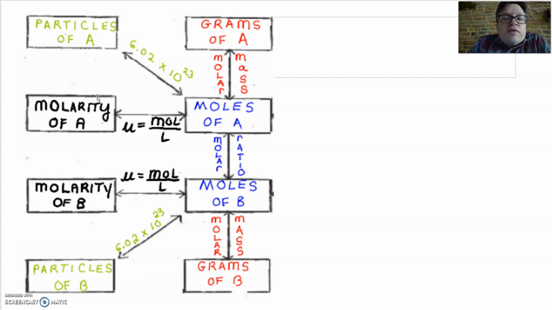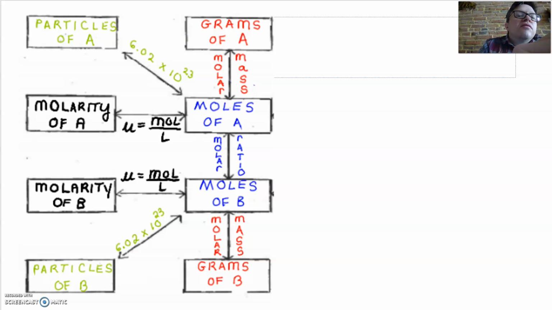So with a balanced chemical reaction, we can figure out, given an amount of one substance, how much of another substance we would make. So let me write our reaction again.